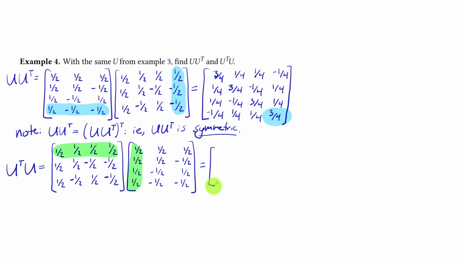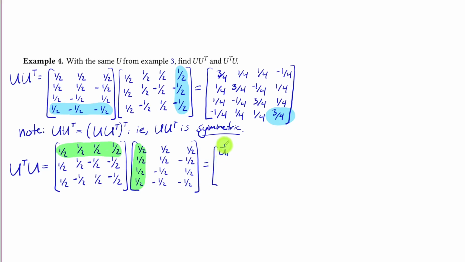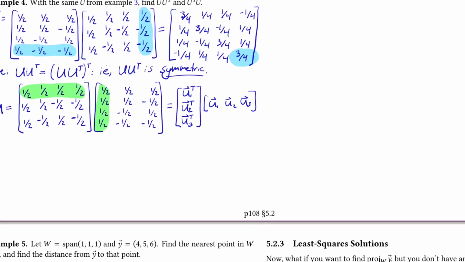We know that u transpose, its first row is the transpose of column 1 of u. Its second row is a transpose of column 2, and its third row is the transpose of column 3. And we're multiplying that by u, which is just u1, u2, u3. Still just using the row column rule, this is going to be u1 dot u1 in the first entry here.